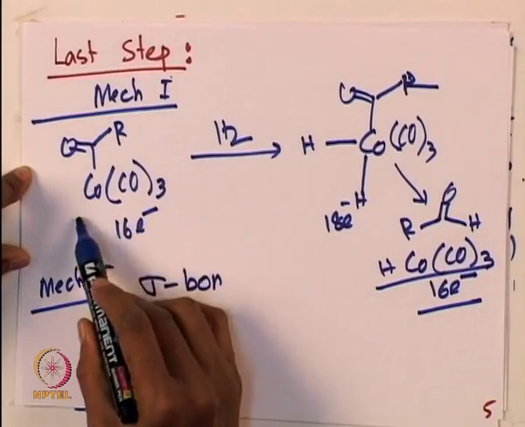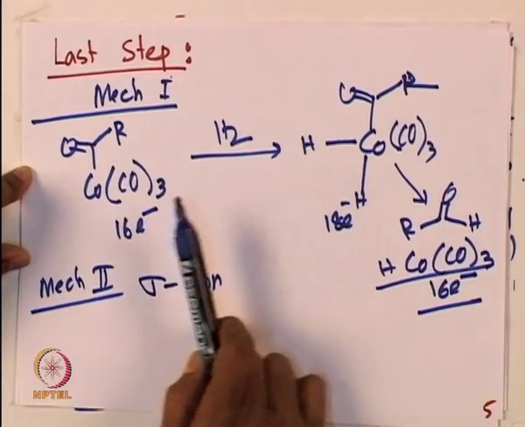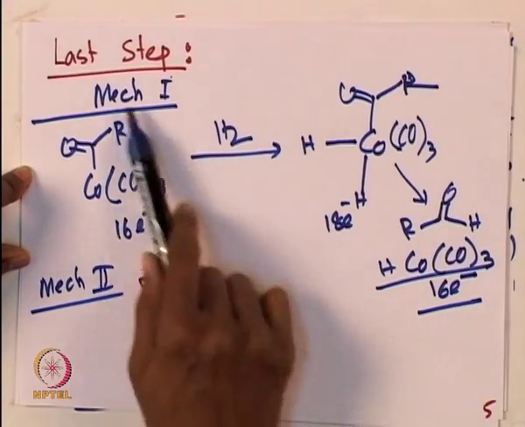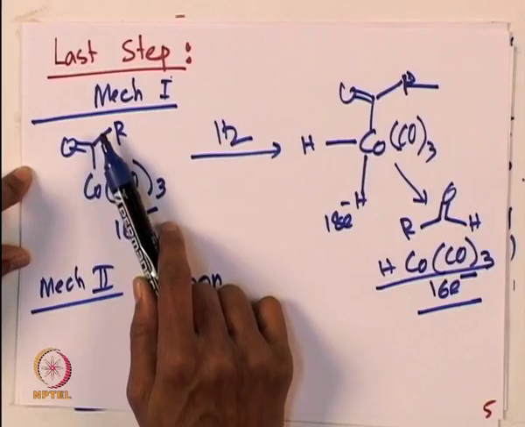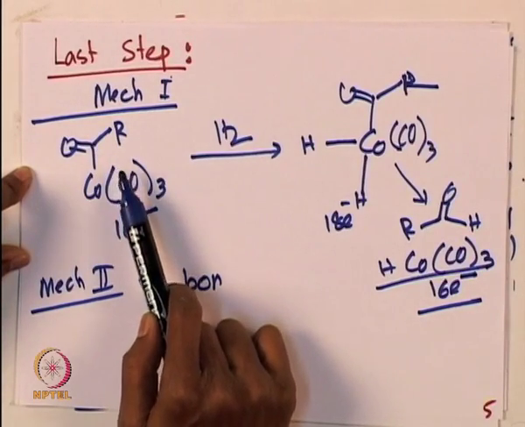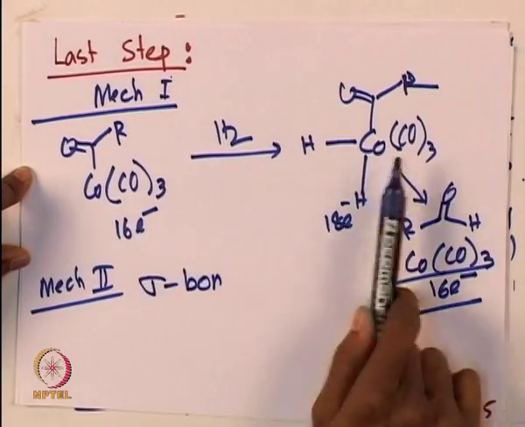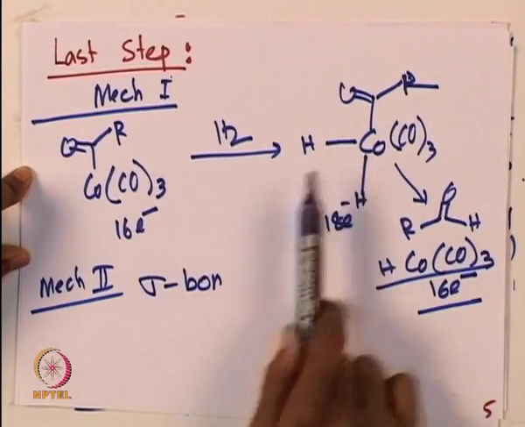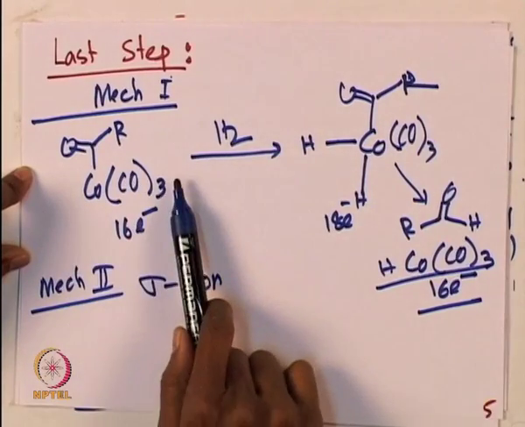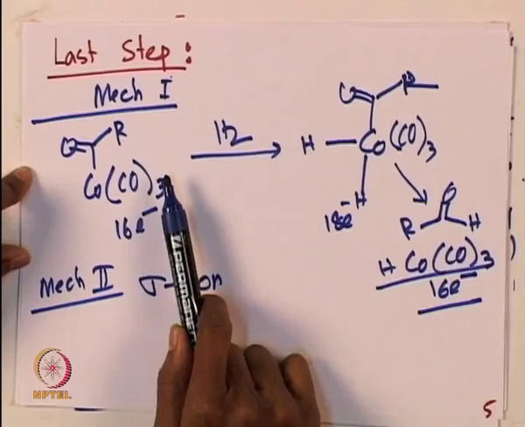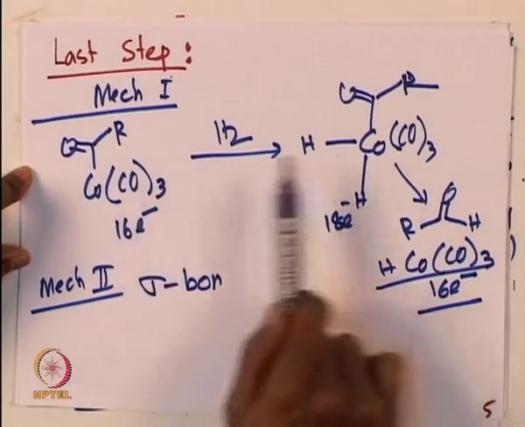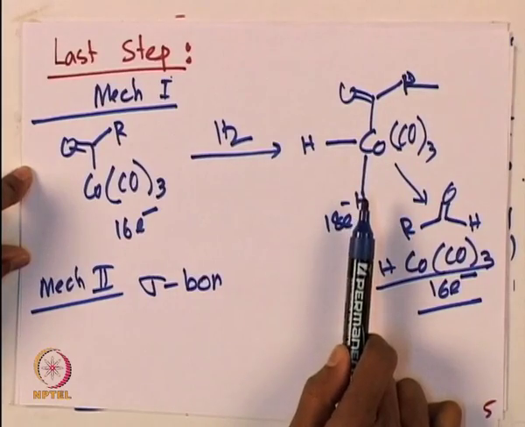So, as we are saying, this mechanism will be unfavorable because of the fact that this is a highly electron deficient intermediate. Further, if you do the computational chemistry or DFT studies, you will find that this is very high energy demanding. So, by virtue of its electron deficient character and also supported by the DFT studies, this is going to be highly energy demanding.